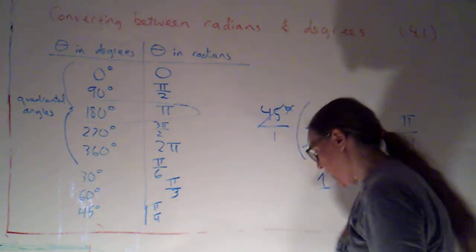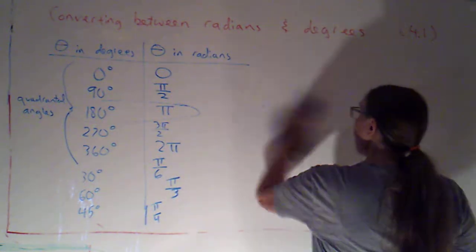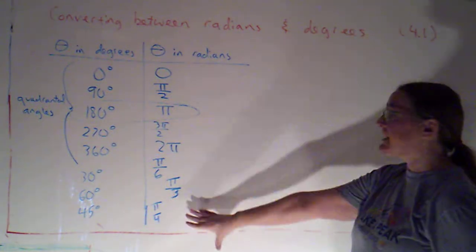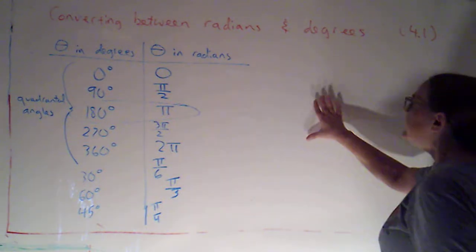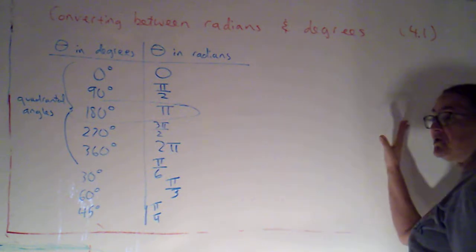Okay, so I strongly recommend that. And again, some of you may already have this memorized or accidentally memorized, so you've already got this information at your fingertips. Fabulous. Okay, let's just try doing one where we go from radians to degrees.